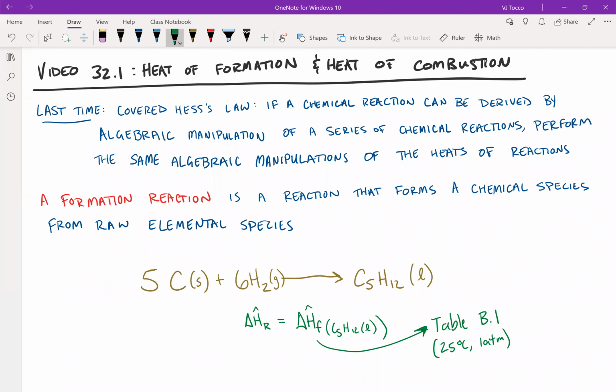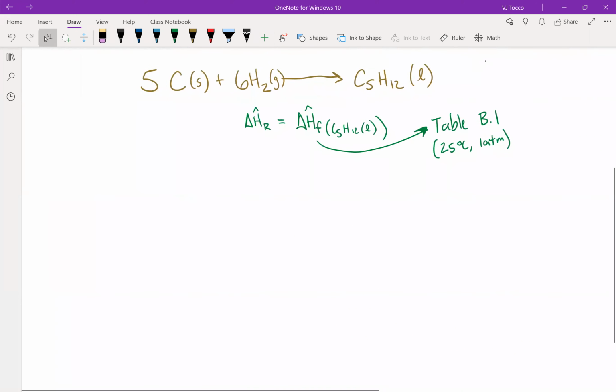Okay, so how does this help? Well, if I have a reaction for which I want to figure out the heat of reaction, let's take, for example, the combustion of pentane. The combustion of pentane would be C5H12 in the liquid form. Technically, this should be a vapor for a combustion, but we'll ignore that for now and say that we want to figure out the heat of reaction for combusting liquid pentane.